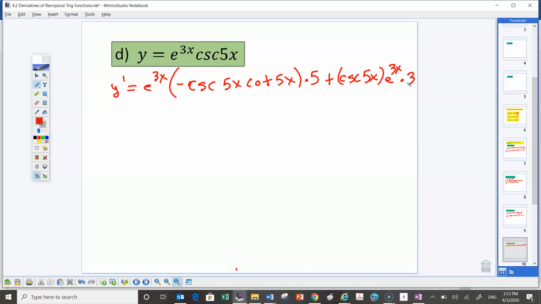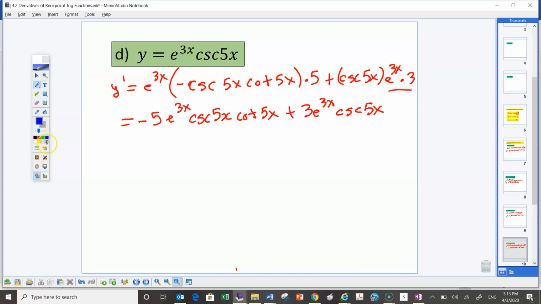Alright, so let's simplify this a little bit. The 5 here and the negative, I'm going to multiply and put them up front, so that's negative 5 e to the 3x cosecant 5x cotangent 5x, plus, when I multiply these two together, I get 3 e to the 3x, and I still have my cosecant 5x.